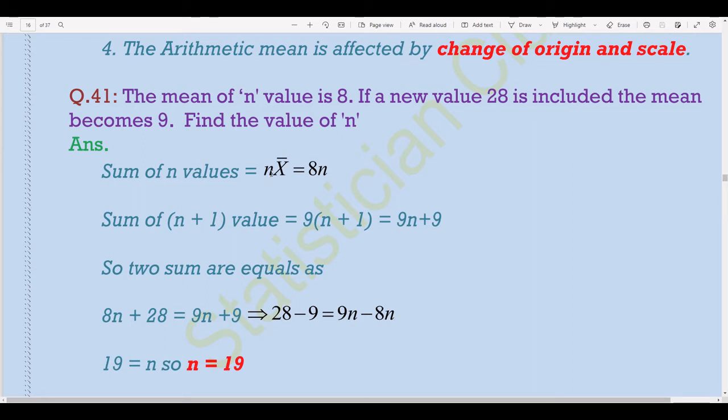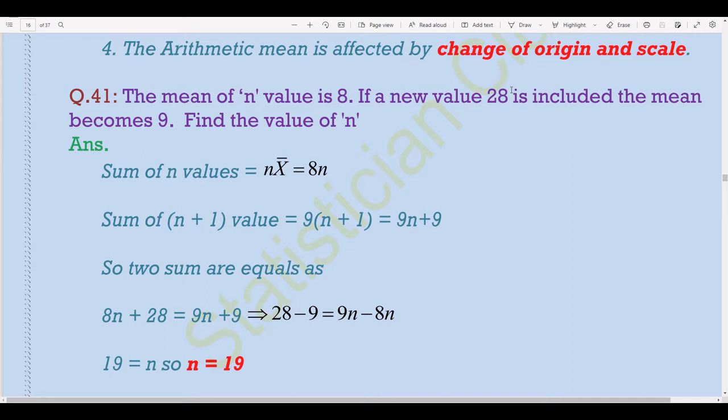So n x bar is 8n. The sum of n plus 1 values is 9 into n plus 1. Here your count is now n plus 1 and the mean is 9, because we added the new value 28 and the mean becomes 9.